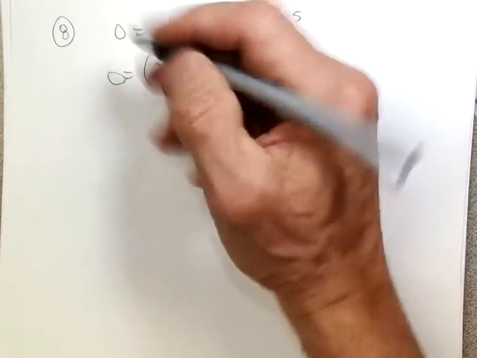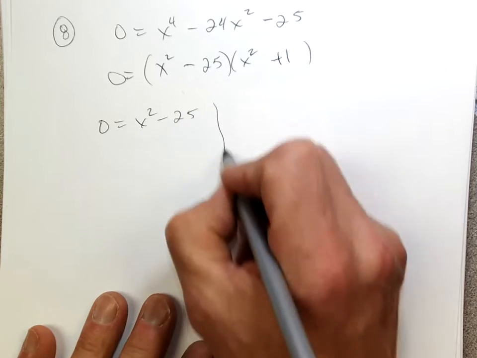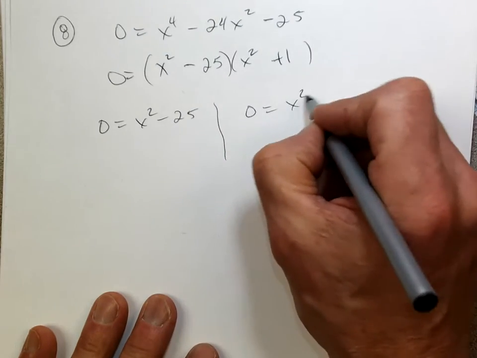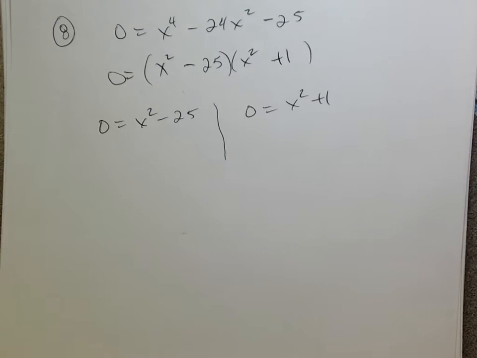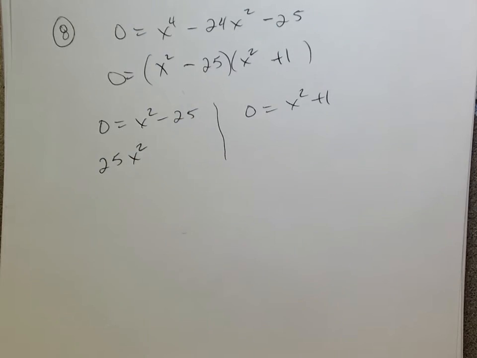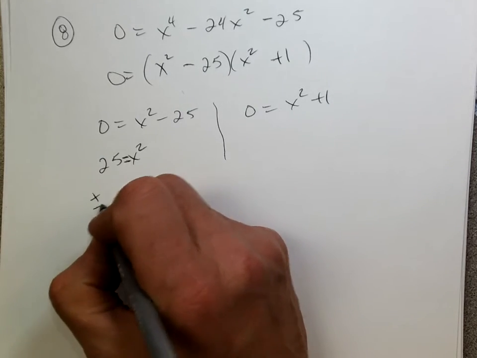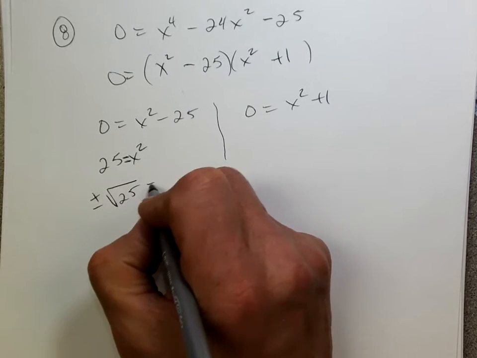Okay, from here then, let's set them both equal to 0. 0 equals x squared minus 25. 0 equals x squared plus 1. Plus 25. 25 equals x squared. Square root, I get plus or minus the square root of 25. Well, that's easy.